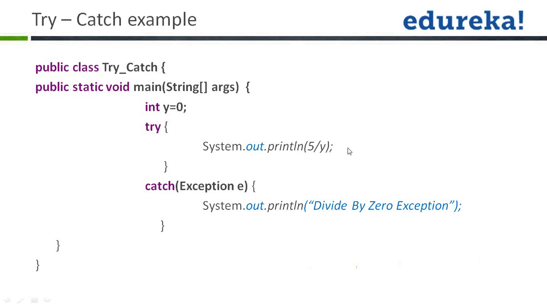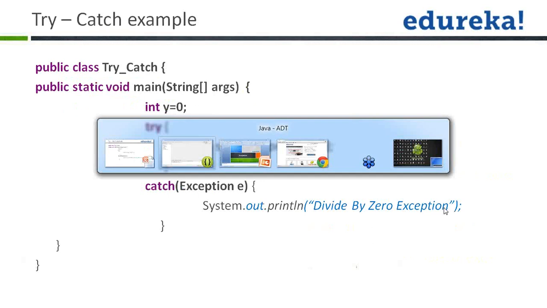So you put the entire statement in the try block. You write System.out.println(5 / y), and you have a corresponding catch block in which you get the exception and print it out. You can print the exception as well, or you can simply print a statement, whatever you want to display on the screen whenever the application encounters an exception.